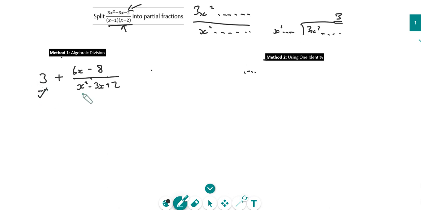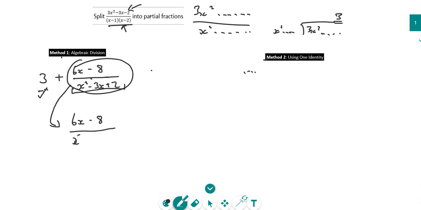That's fine. The problem, however, is this whole fraction needs to be split up. So we're just going to do a normal partial fractions question now with this part here. I want to say that 6x minus 8 over x squared minus 3x plus 2 can be written as some number over, think about where we're going with this, one of the factors.